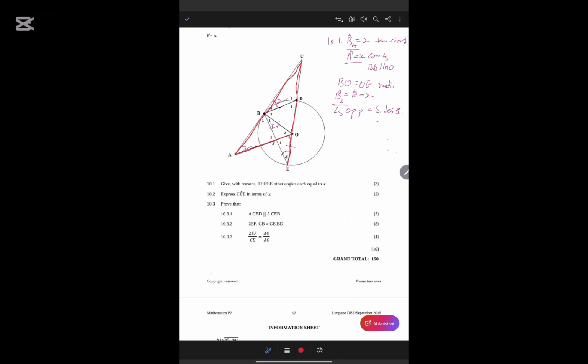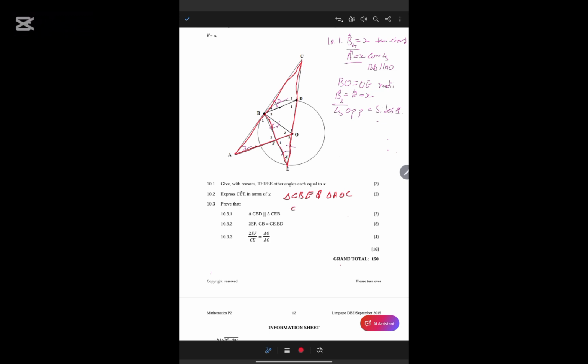Now I said 2EF represents BE. So basically, we are looking at the following triangles: triangle CBE and triangle AOC.